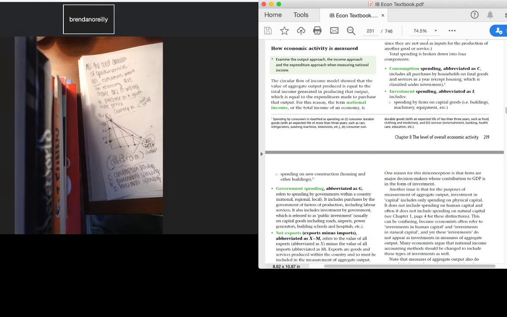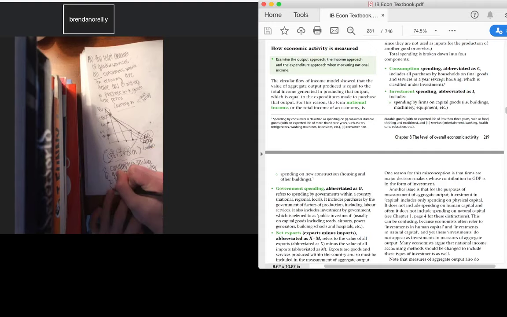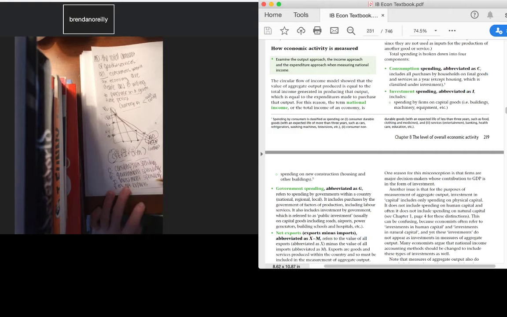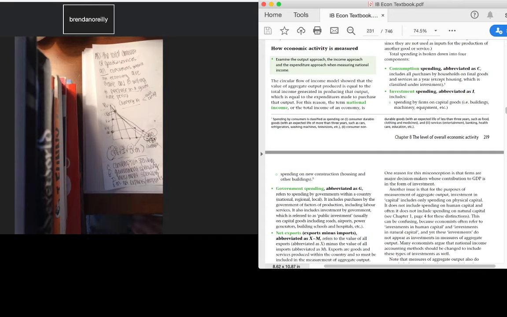And then also we have X minus M, which is net exports or net imports, depending on which are larger, and this is also included in the aggregate demand curve. In case you don't know, exports are the goods and services that an economy produces within its borders and then sells to other nations and ships out.